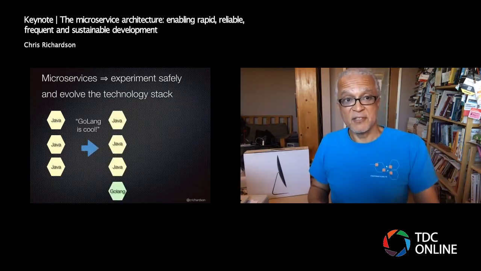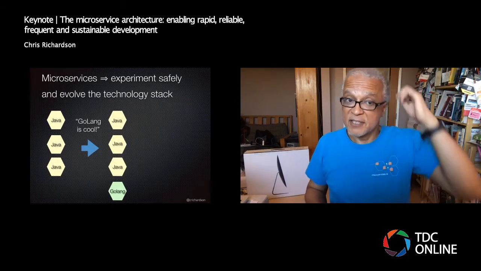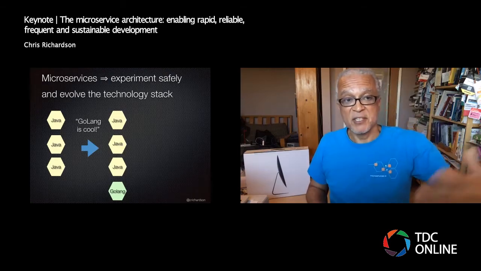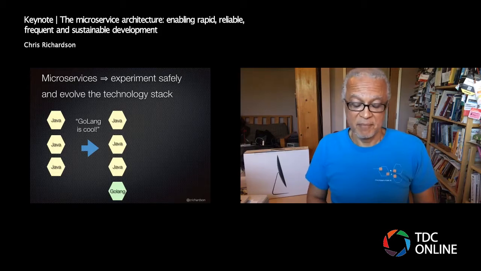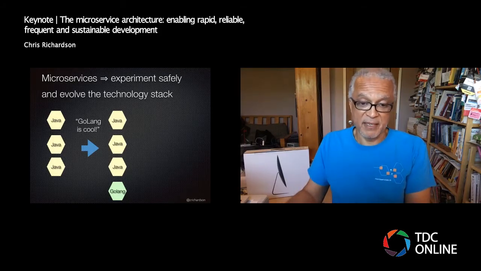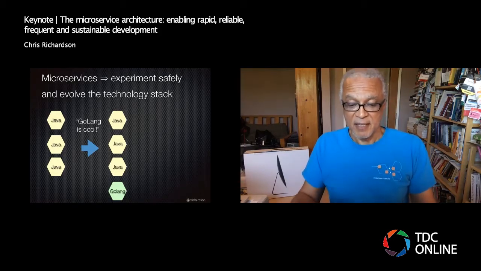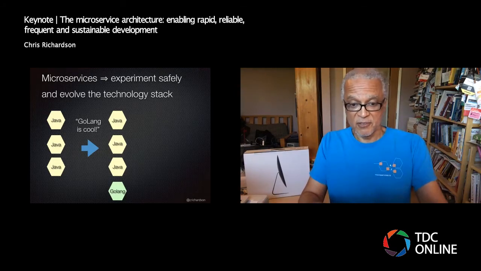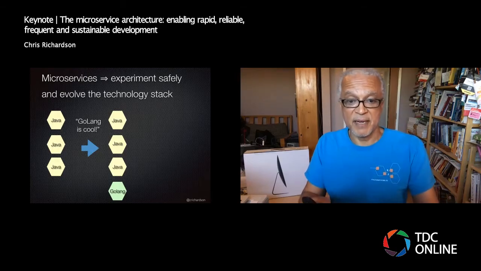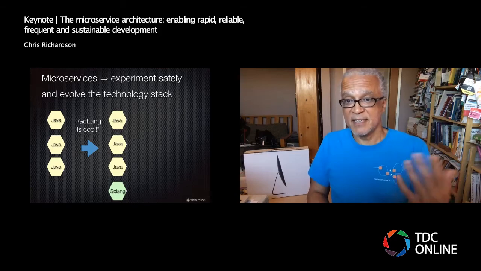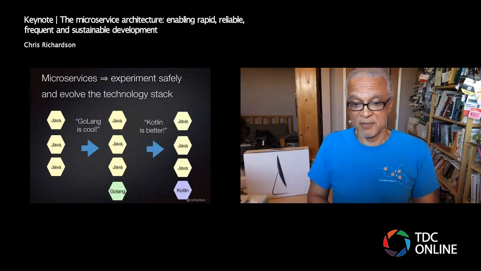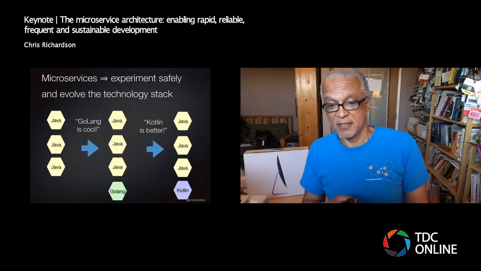And then it also lets you evolve your technology stack, right? You could have a bunch of Java services and then decide that you want to try out Golang, right? Not a problem. You just implement a service in Golang. If you like it, that's good. But if you don't, that's not a disaster, because you've invested a relatively small amount of time building that service. And then at a later date, you decide, well, I like Kotlin more, so I could replace my Golang service with Kotlin.